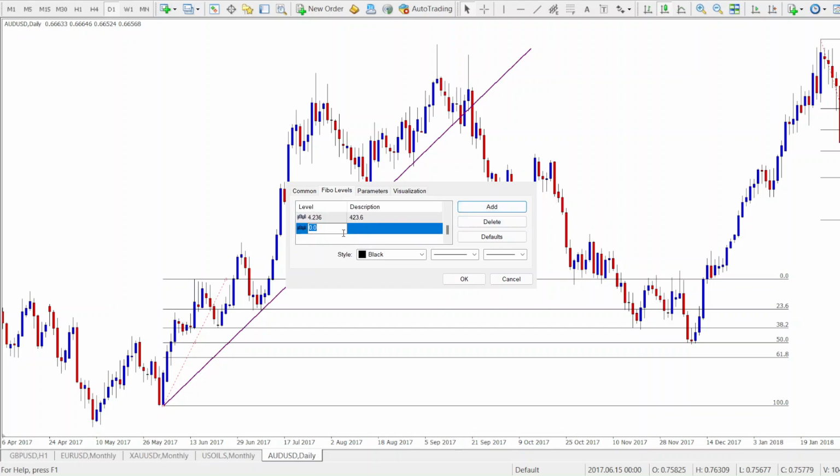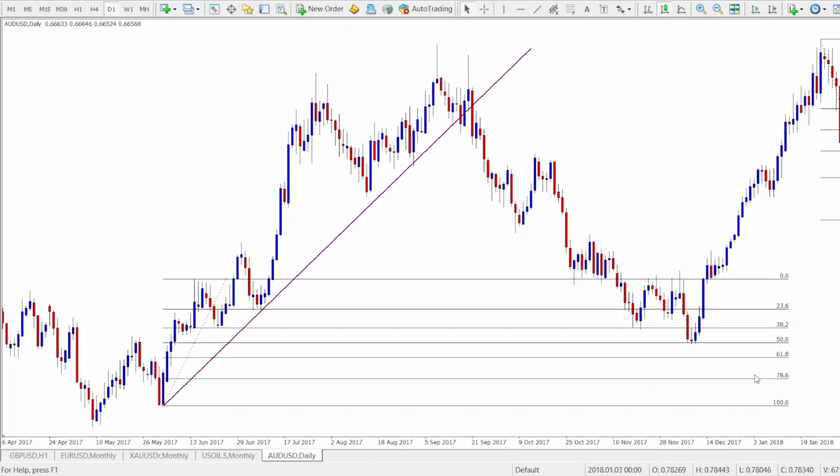This is going to be 0.786, which is 78.6%. So we can see the 78.6% level has been added. You might want to watch out for these levels. These are important levels on the chart.